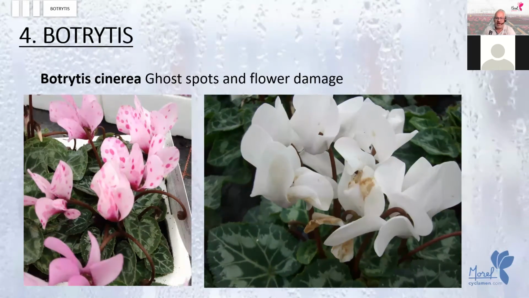In case you have darker flower colors, it's not that visible, but if you look closer, you can also see some lesions on the flower on the darker colors. So the shelf life of those colors is also not optimal. Both the brown marking and the ghost spots are caused by damage from the fungus Botrytis cinerea.